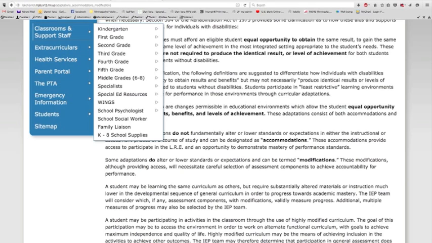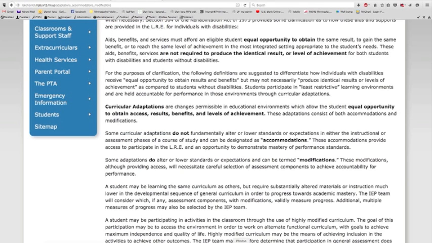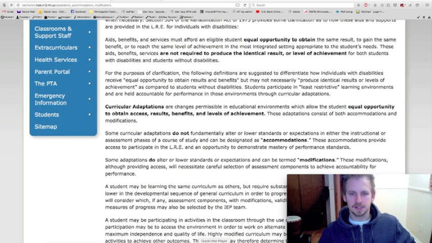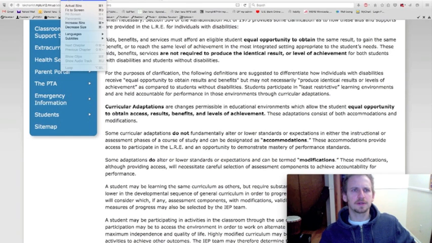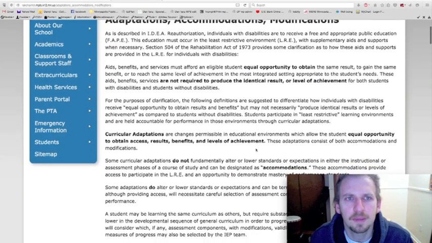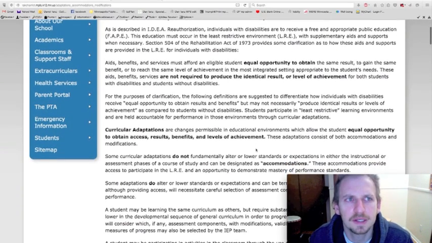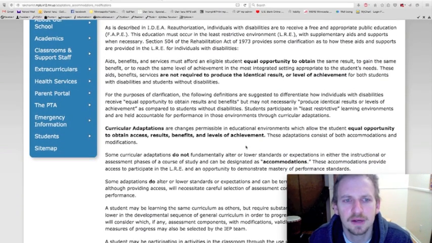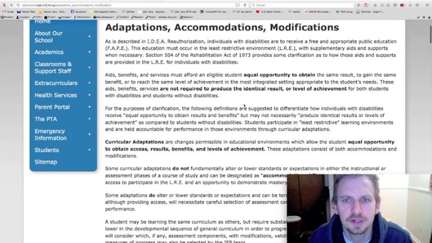Just briefly talking about adaptations. On my web page through Minneapolis Public Schools, I have a little definition here of adaptations.